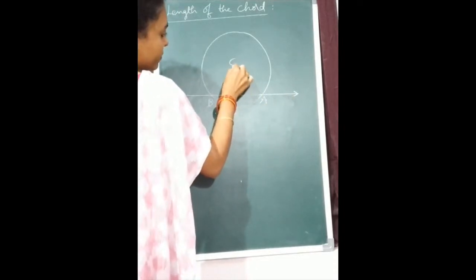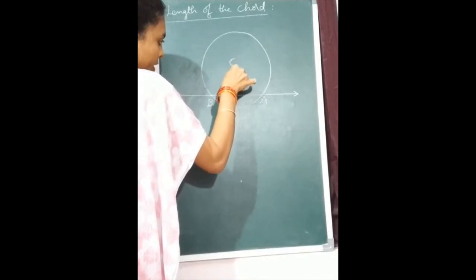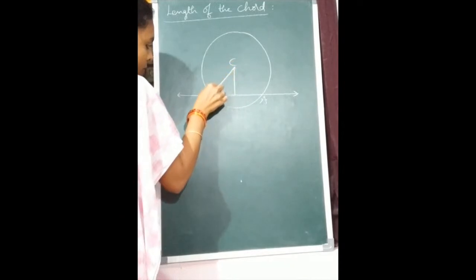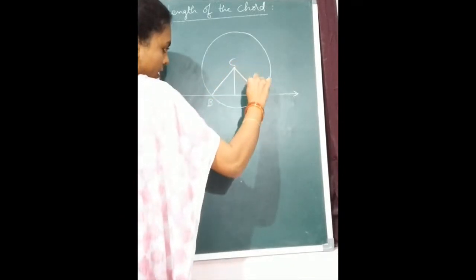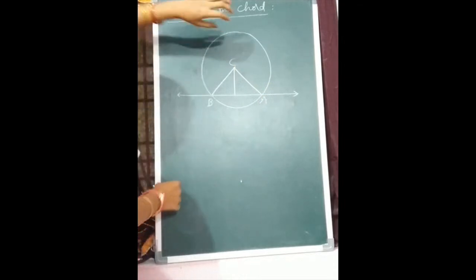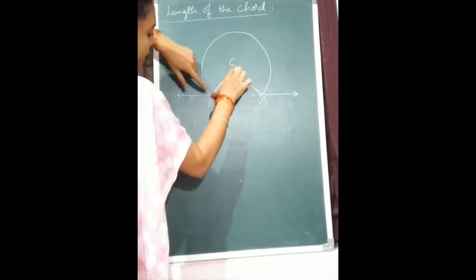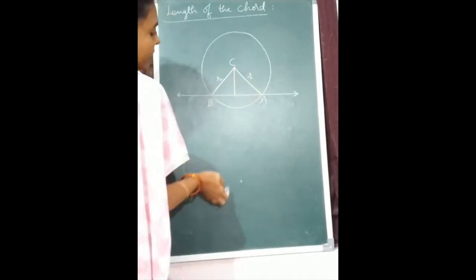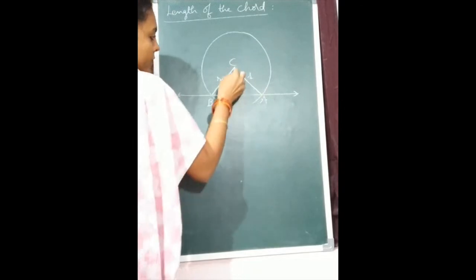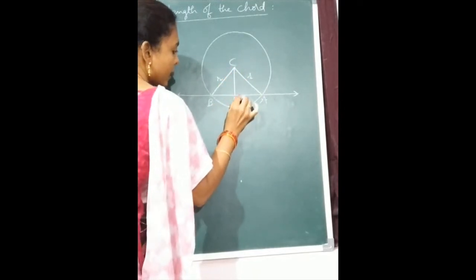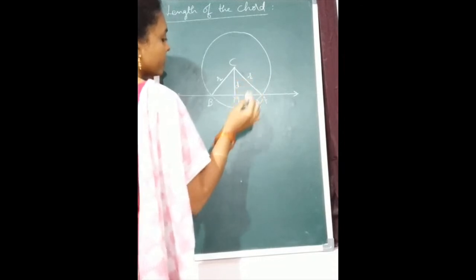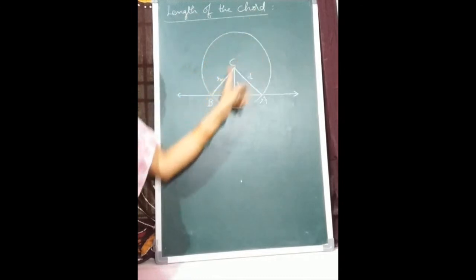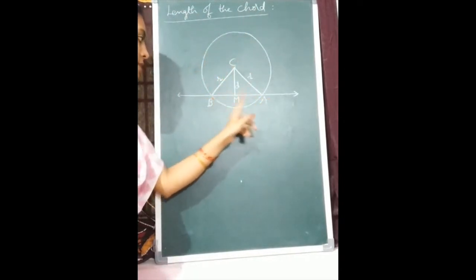So we draw from the center a perpendicular line to the secant line and join C, B and join C, A. We know this is the radius R and this is also a radius. The perpendicular distance CM is called D. So we have to find the length of the chord, AB.